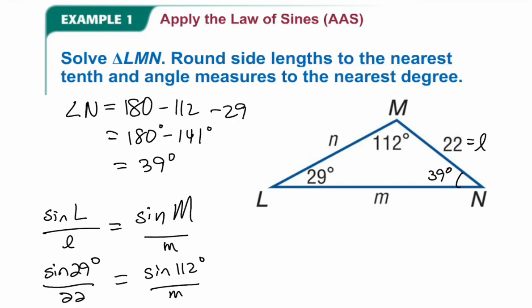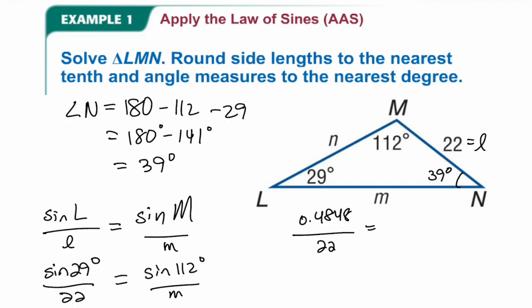Anytime it's going to round to something, most of the time that means you're going to enter it into the calculator. Let's follow that rule of thumb. Let's make the sides to the nearest tenth and the angles to the nearest degree. Okay. So if we put the sine of 29 into a calculator, make sure it's in degree mode. That's going to be 0.4848 over 22.